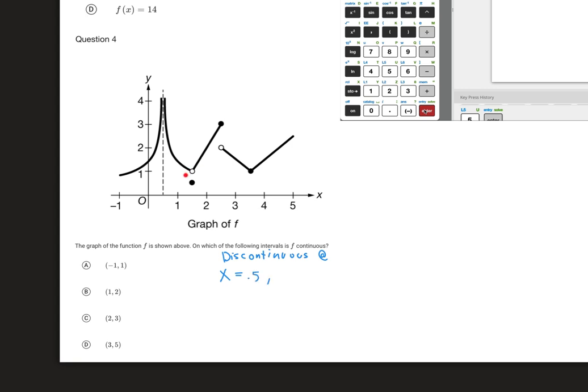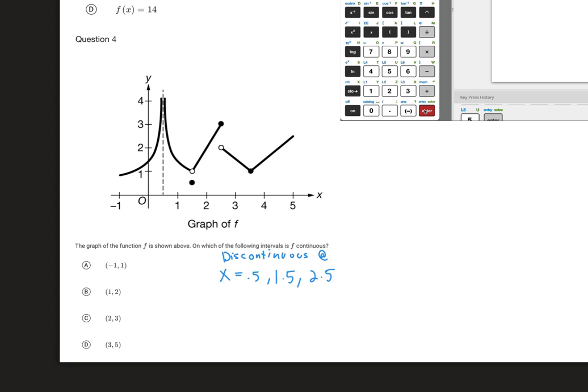Okay, there's a hole here, so it's discontinuous at maybe 1.5. We're just estimating. And then there's a jump discontinuity at, let's say, 2.5. So that's all three types of discontinuity: infinite, hole (removable), and jump.